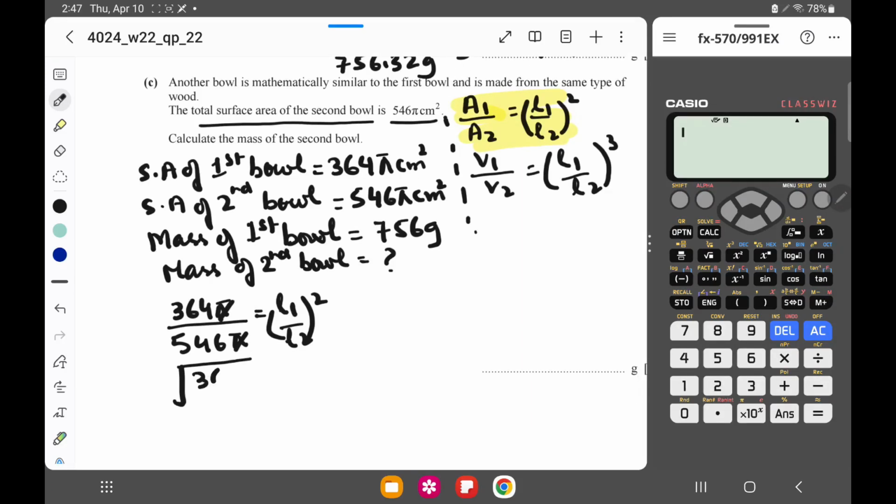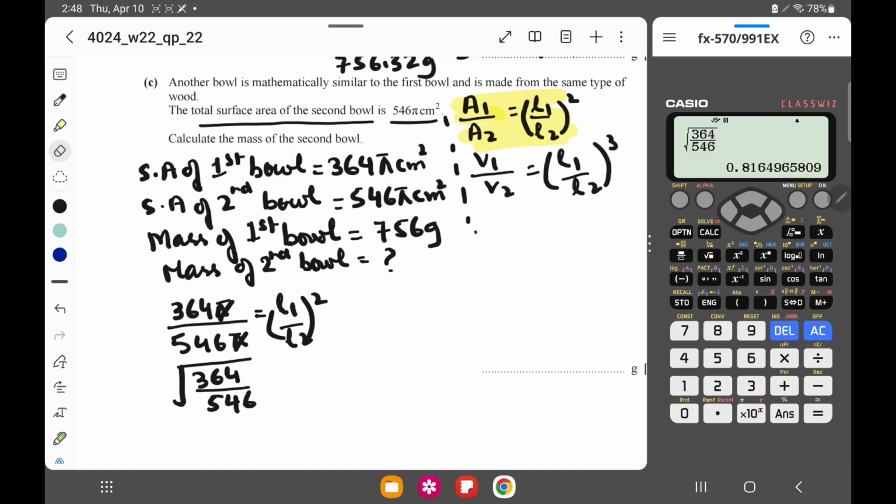Square root of 364 upon 546 is equal to square root of 6 upon 3, or that is 0.81649, 0.8165.